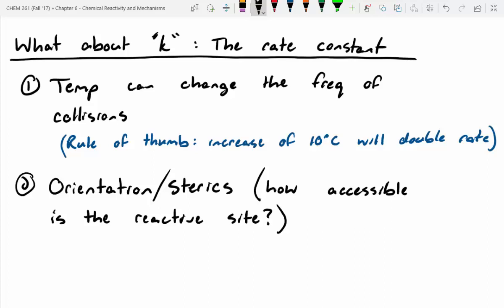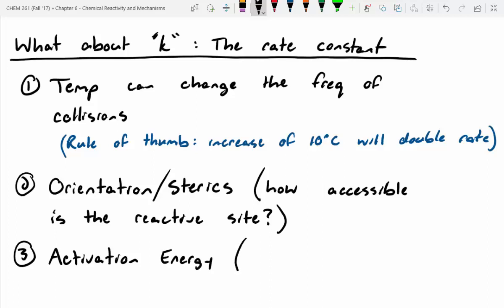So that's a big component. And then last but not least is the activation energy in general. Activation energy does have pressure factored into it. So let's talk about activation energy.